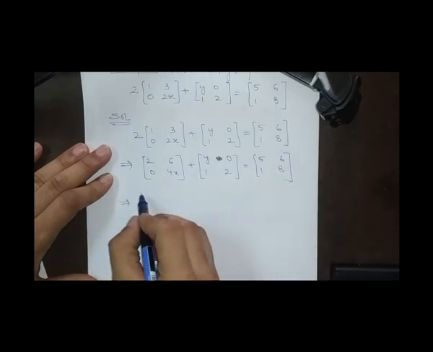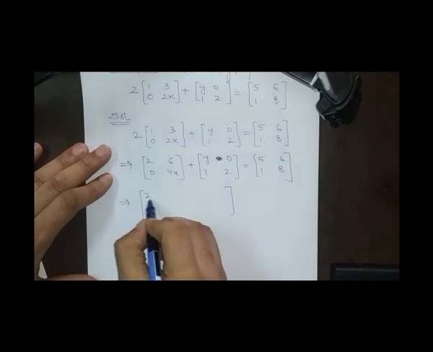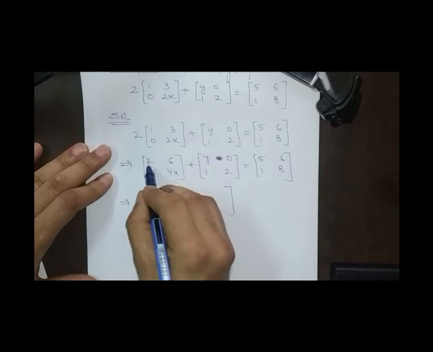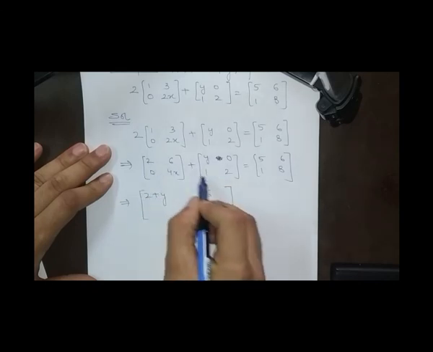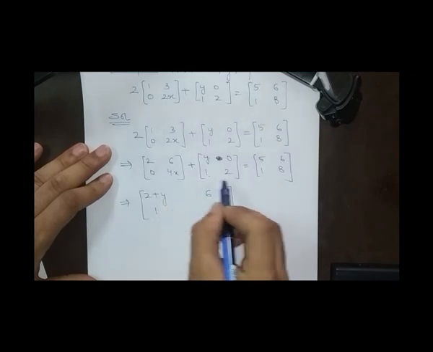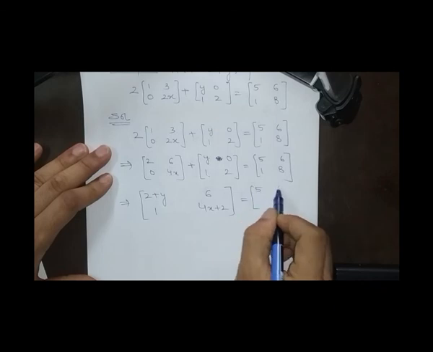Further implies 2 plus y, 6 plus 0 is 6, 0 plus 1 is 1, 4 plus 2x is equal to 5 6 1 8.